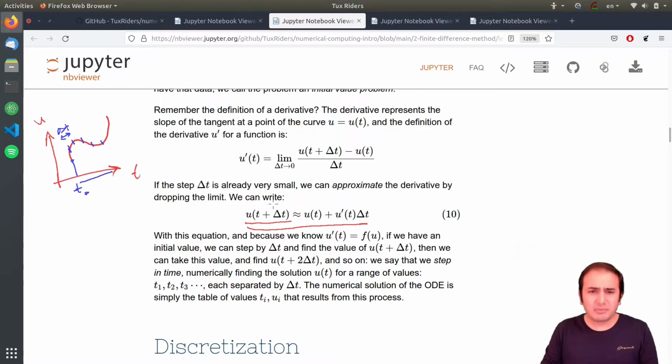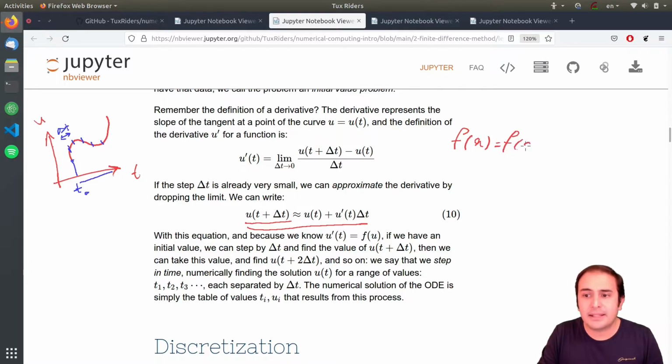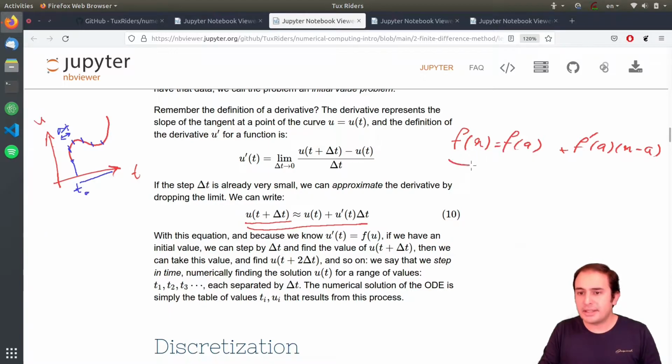So if I want to go to the details, yeah, you can write the Taylor series here. So I can do that quickly. The Taylor series says that the value, that f(x) can be computed like this: f prime at the value of a, times x minus a, and this is the first two terms of the Taylor series.